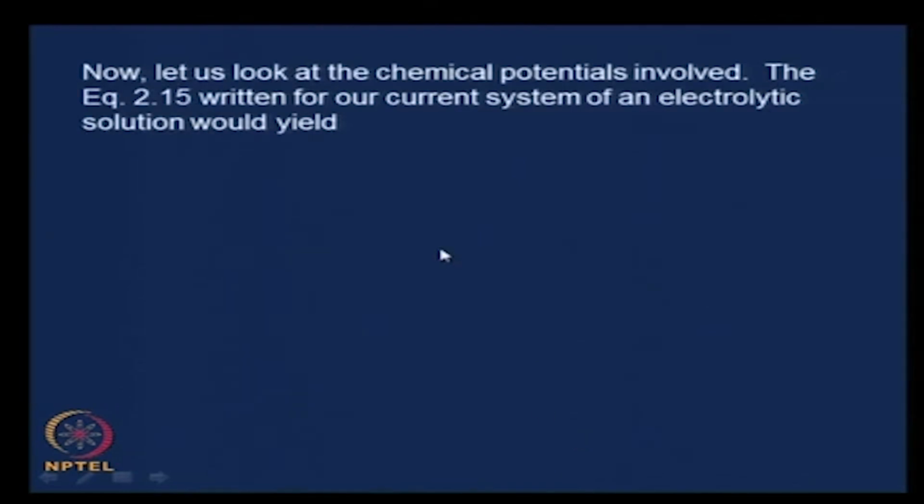Now, let us get to a thermodynamics thing. Let us look at the chemical potentials involved, and equation 215, one of the basic equations, you will remember that, when you see that written here. If you write equation 215 which involves the total Gibbs free energy, written for our current system of an electrolytic solution, it would be dGt equals minus St dT plus Vt dP plus the sum over i of mu i dNi.